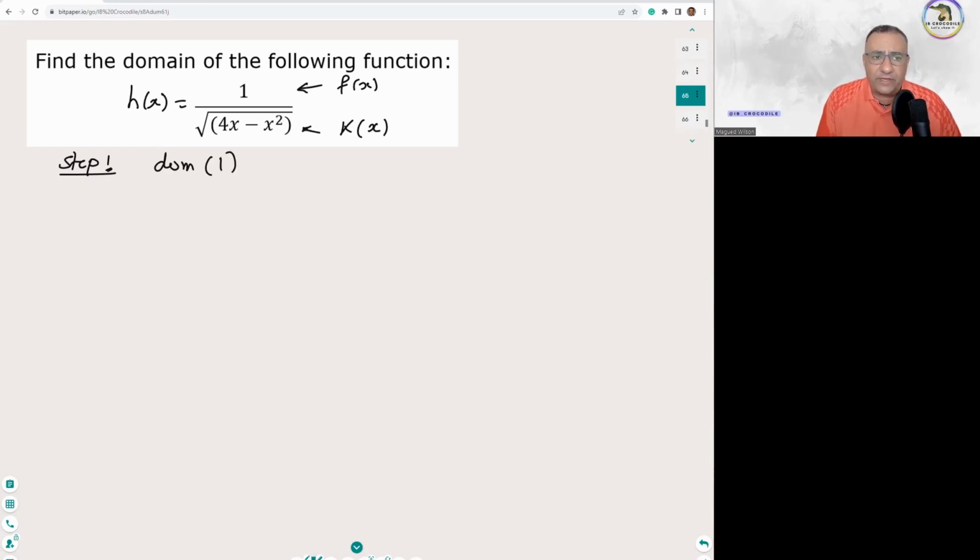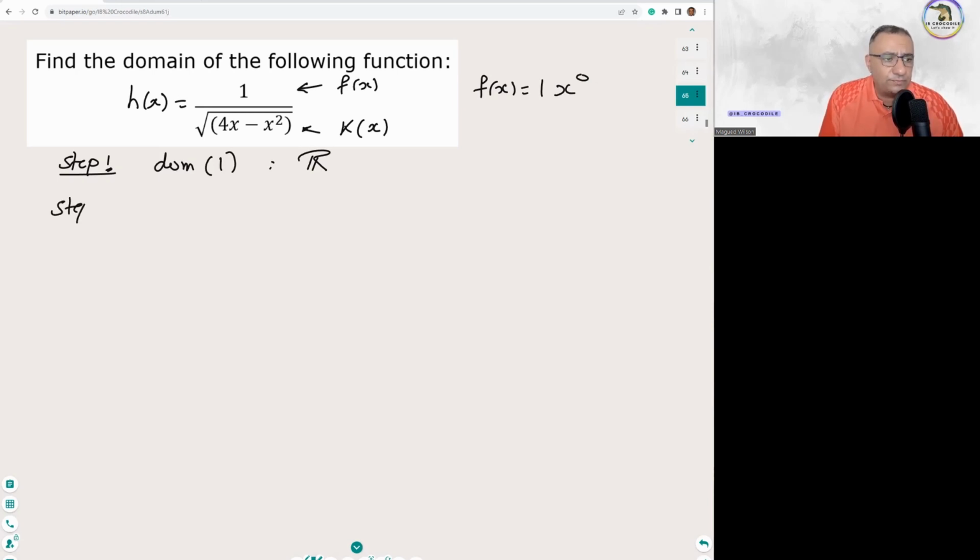Now, when you look at f of x equal 1, we can write this as 1 times x to the power of 0, given that anything to the power 0 is 1. Why do I rewrite it like that? Because I can see this is a polynomial function of degree 0, which is called the constant function. So once I realize that this is a polynomial function, the domain of this polynomial function is always the set of real numbers.